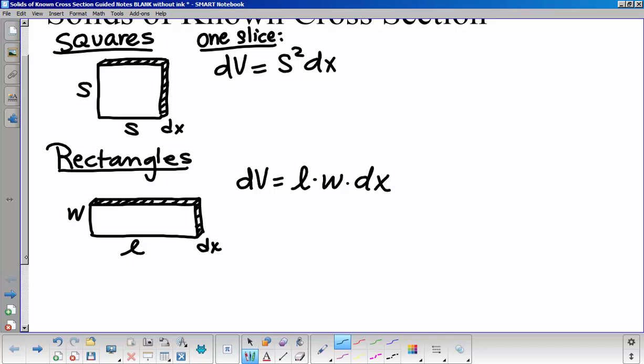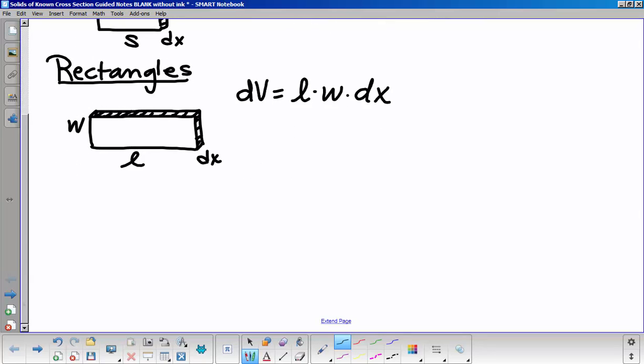And the problems that we do will tell us whether our cross sections are perpendicular to the x or the y. So we'll know whether it's dx or dy, but I'm just going to use dy or dx for purposes here. The other one we looked at just a moment ago was a cross section that was a semicircle.